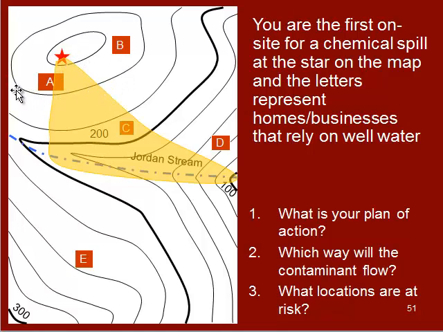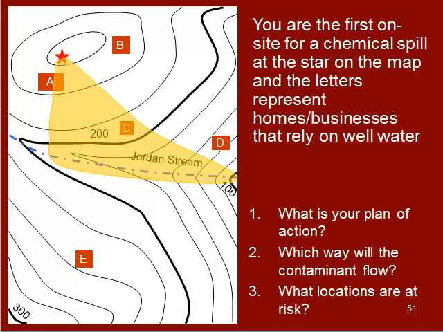I have these topographic lines drawn on here, and that water is going to be flowing parallel to those lines. So you can see I've drawn this plume of contamination parallel to those lines, and then eventually it gets to the stream.